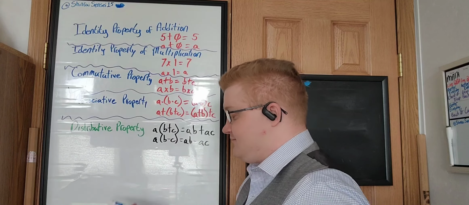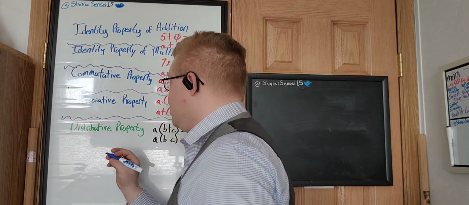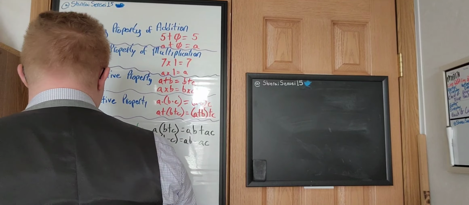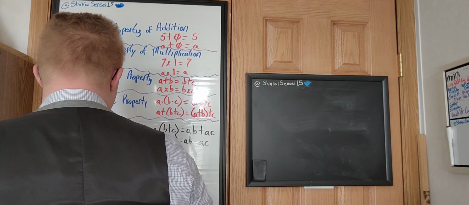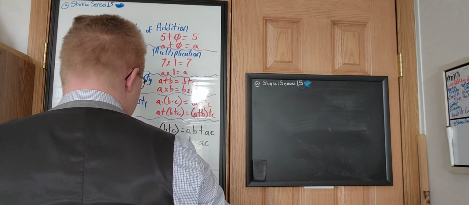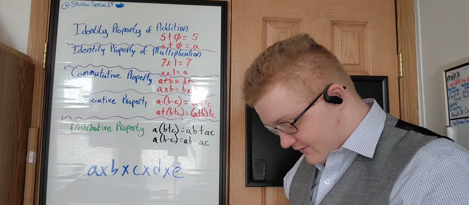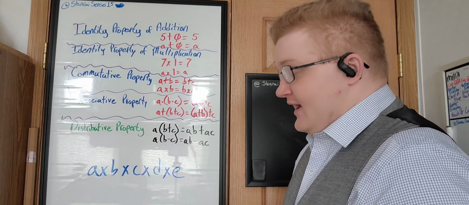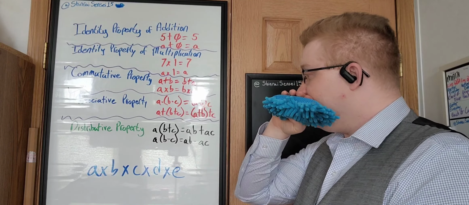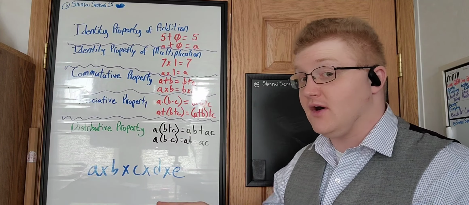And then, once again, going into the commutative property of multiplication, so long as it's all multiplication, I don't have an issue if I change the order of all these around. It doesn't change the value. So I can change the order of all of these.